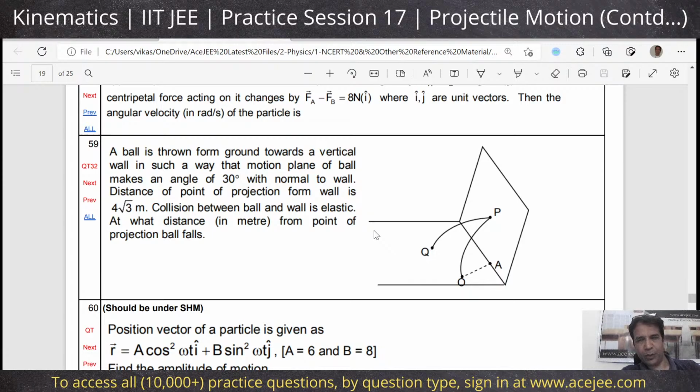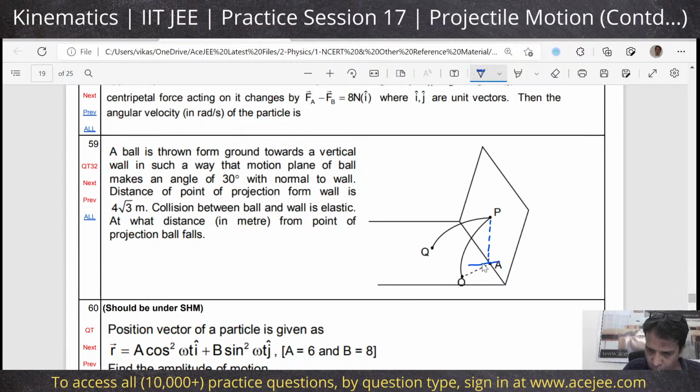Let me quickly recap the question. So what is the question saying? The ball is thrown from the ground towards a vertical wall in such a way that the motion plane of the ball makes an angle of 30 degrees with the normal to the wall.